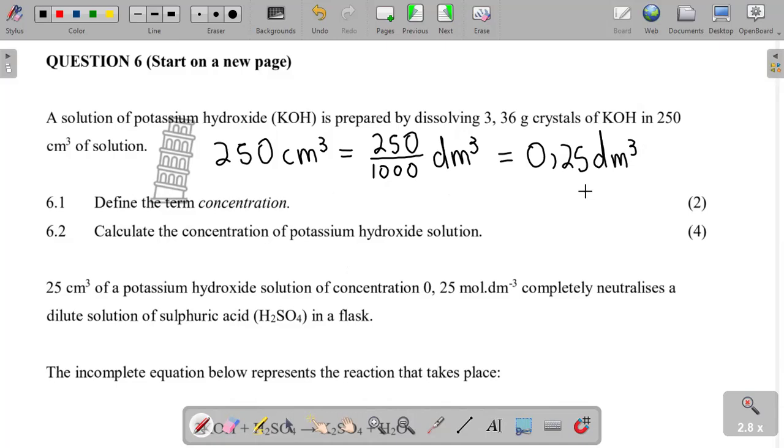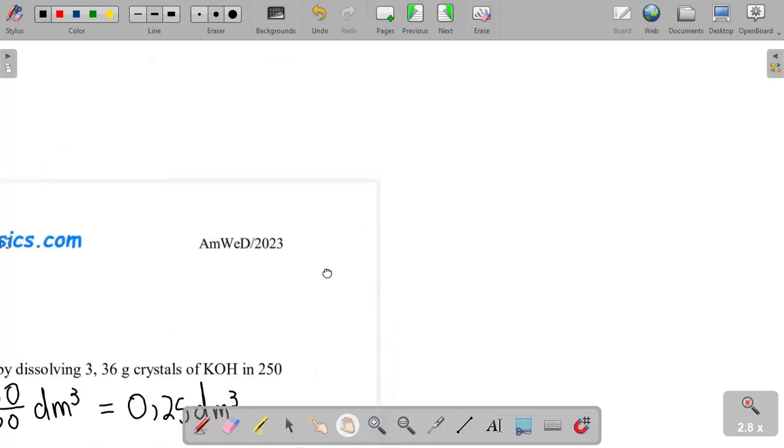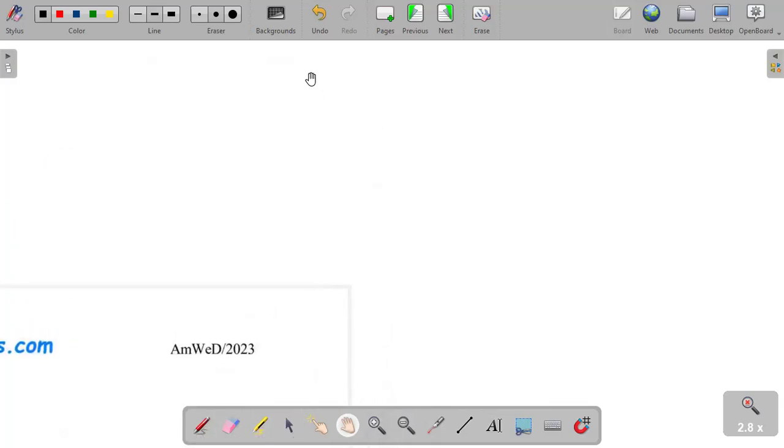So, okay. 6.1, they say define the term concentration. We start with the definition here, 6.1.